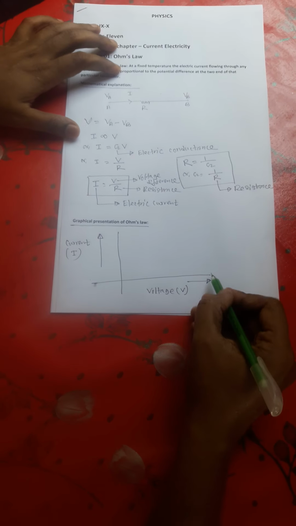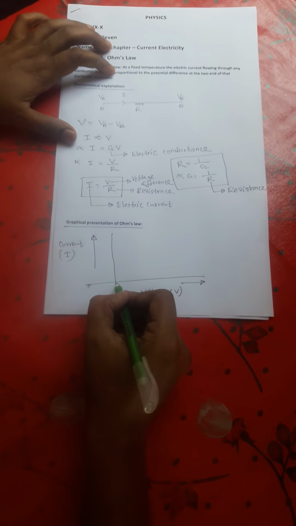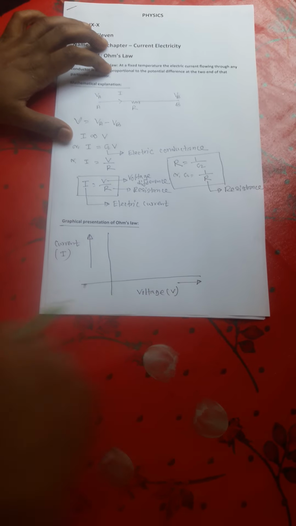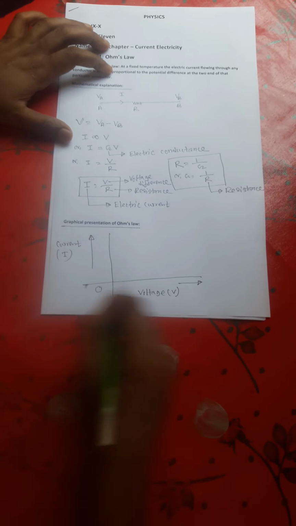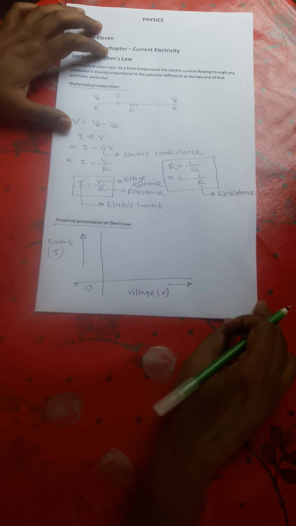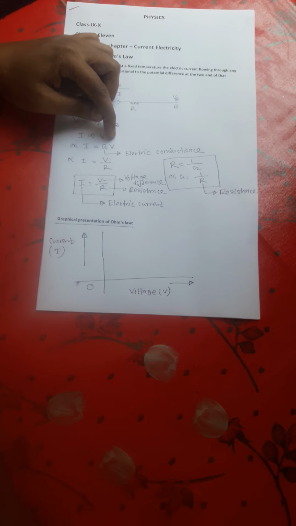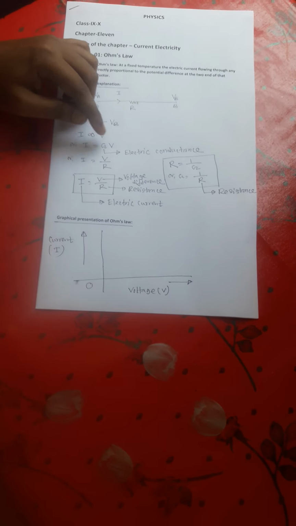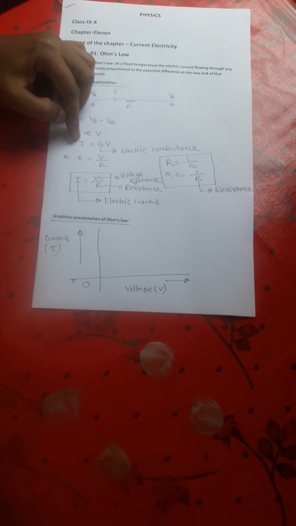The graph coincides at a particular point, the point of origin, known as O. According to Ohm's law, for the increase of voltage, the electric current also increases.